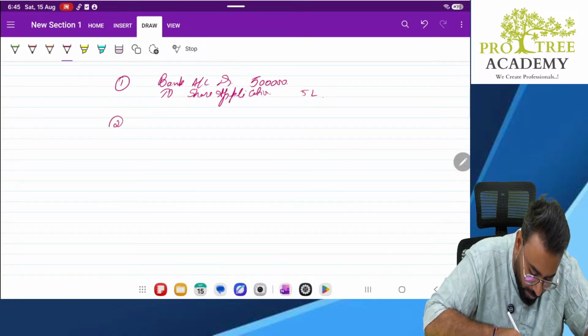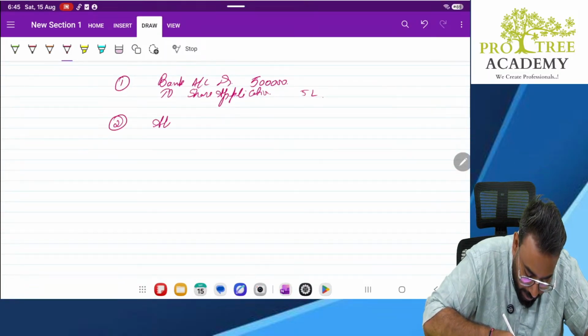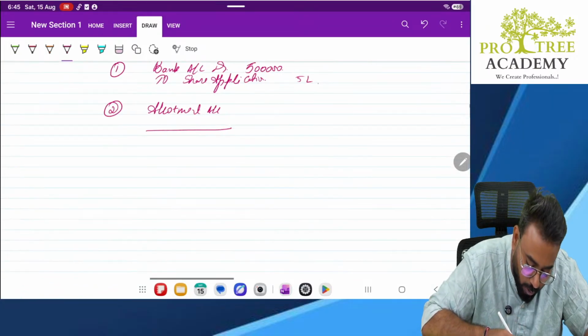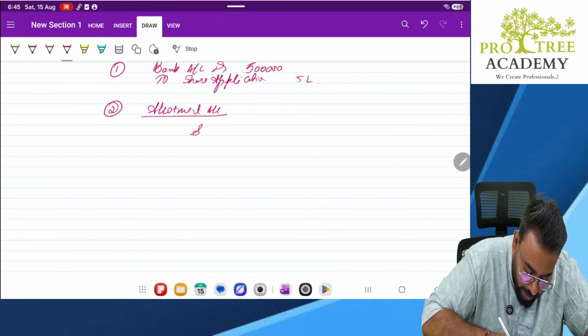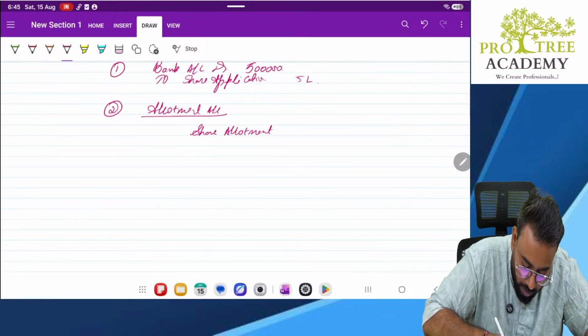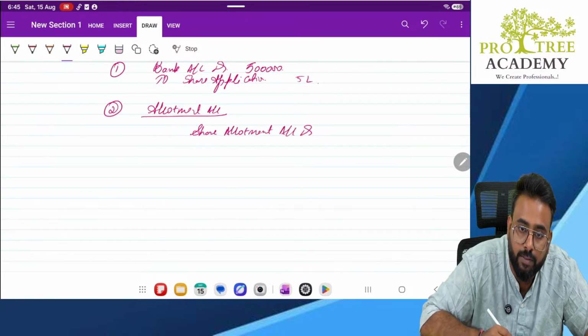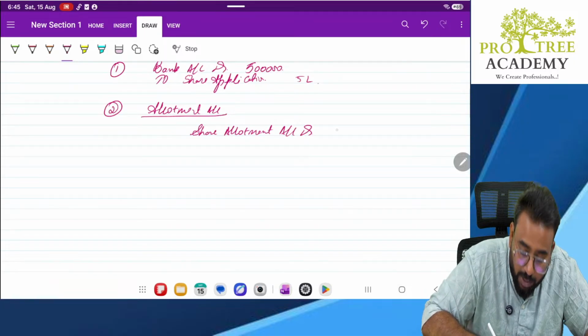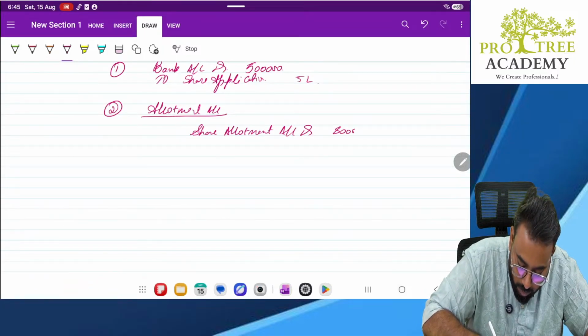Now, second, allotment happens. What is the entry you pass? Sir, share allotment account debit. How much was due? 80,000, sir. Okay.